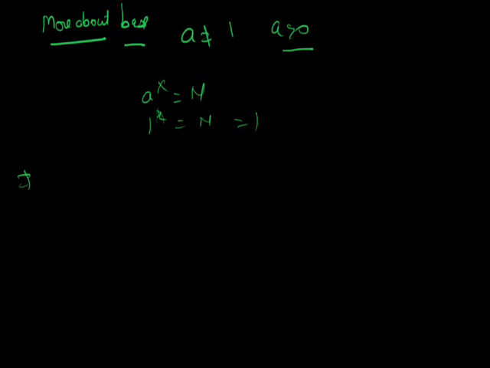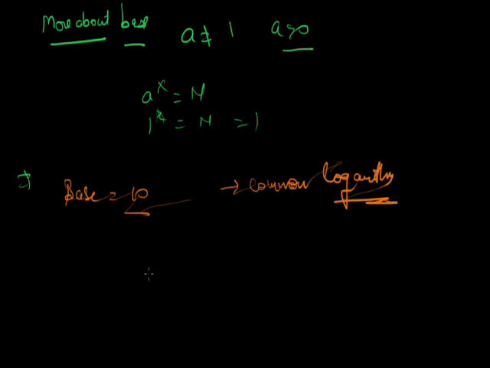In general, whenever we write a logarithm, we use the base 10. Whenever there is nothing written in the question, we assume the base as 10. This is called the common logarithm, in which generally the base is 10.